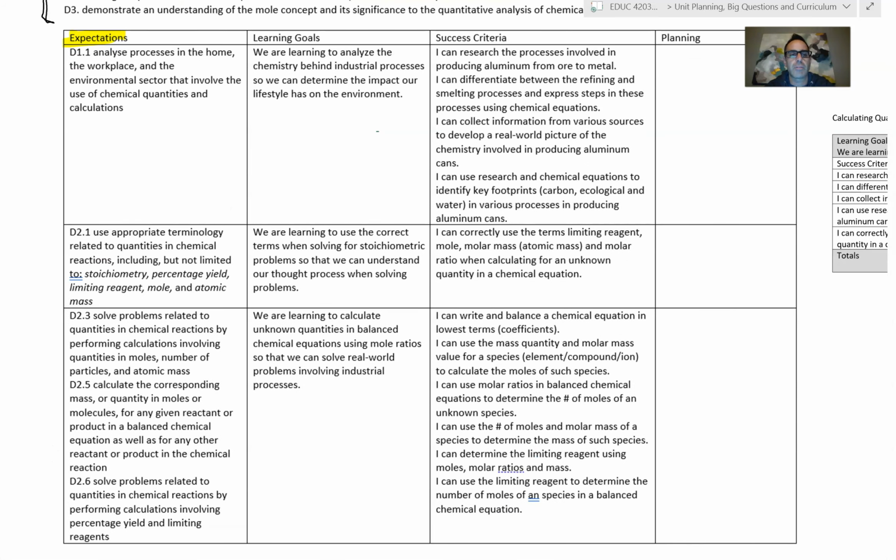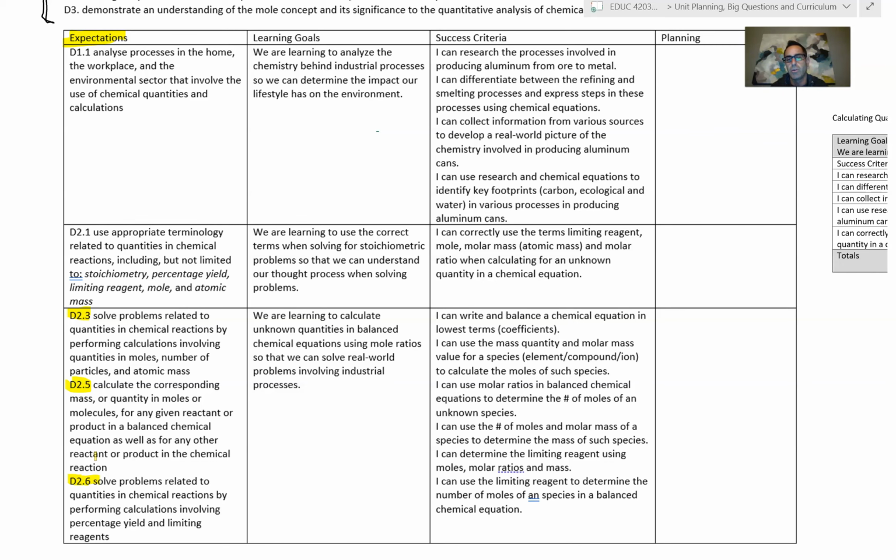Sometimes a set of expectations are good on their own, but other times a few expectations can actually be lumped together. I would call something like this a learning block: all these expectations are tied in and you can't do one without the others.